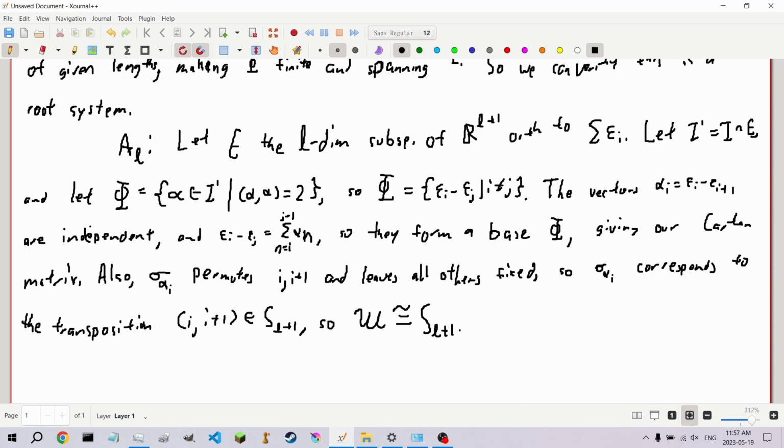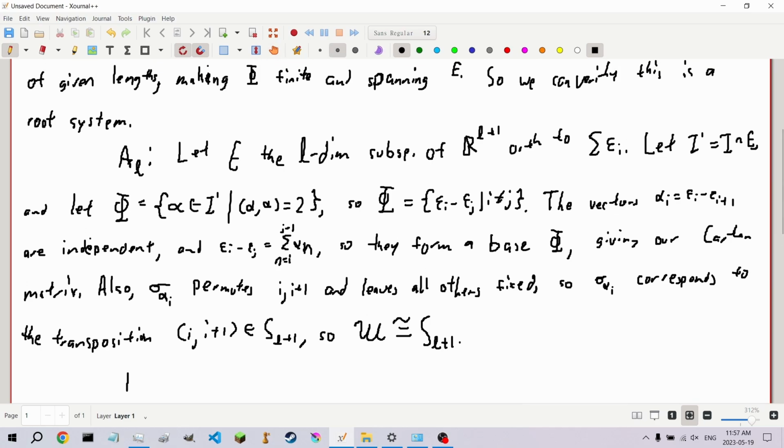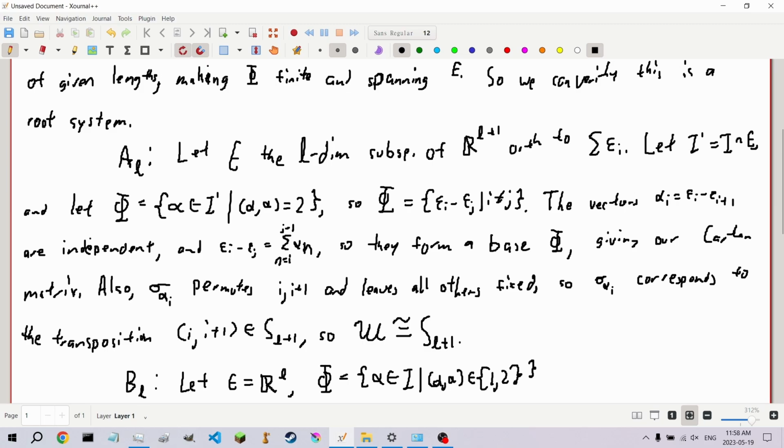Alright, now let's look at our B. Keep in mind, in this case, L has to be at least 2, otherwise it coincides with A. So in this case, let E be R to the L. And phi is going to be the set of alpha in I of length 1 or 2, giving us long and short vectors.